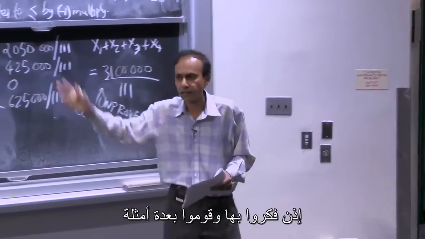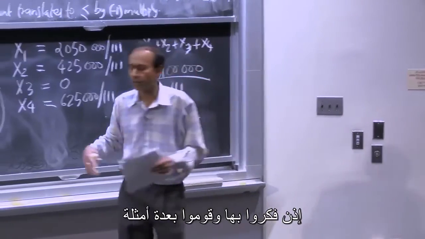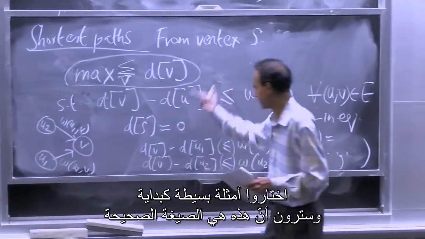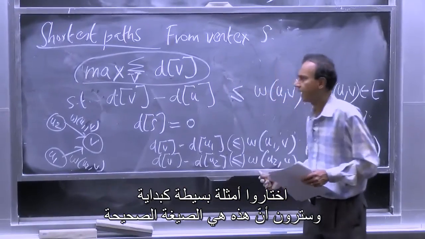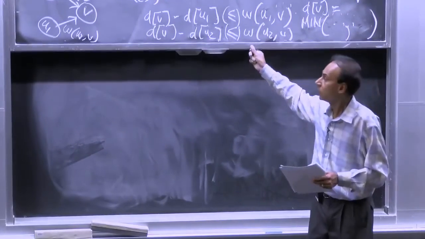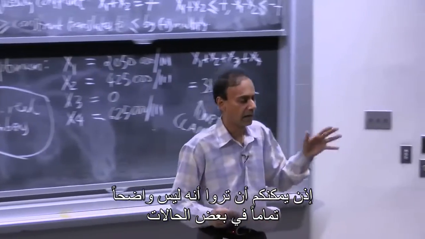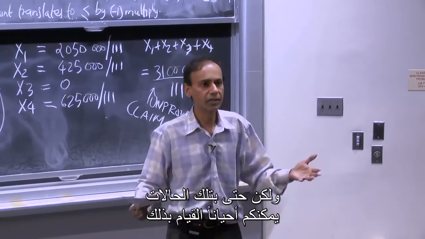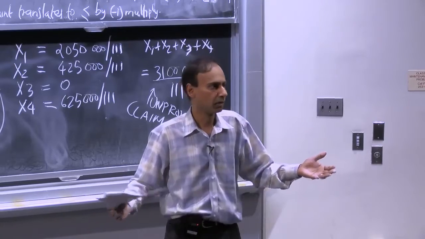All right? So think about it. Play around with a couple of examples. Choose a simple example for starters, and you'll see that this is the correct formulation. All right? So you can see that it's not completely clear in some cases how to transform problems to LP, but even in those cases, sometimes you can. All right?